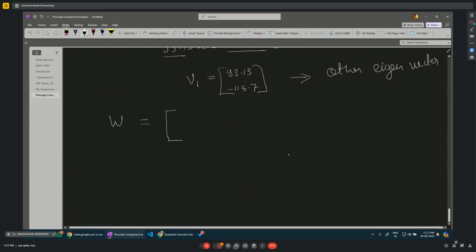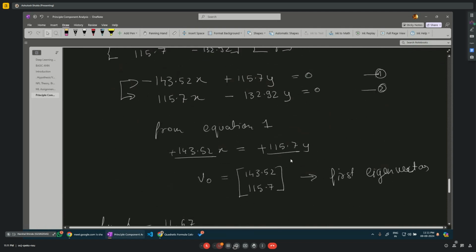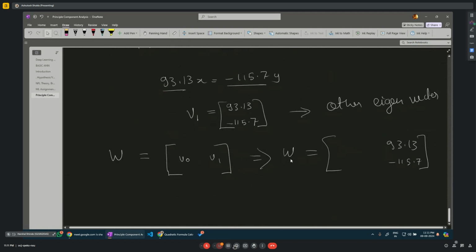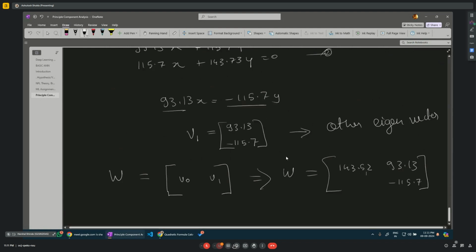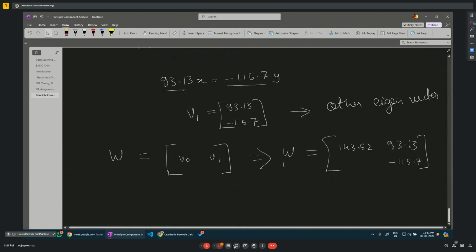It is basically vector 0 on the left hand side and vector 1 on the right hand side, and you will write it like this: W equals 93.13 and minus 115.7 on this side, and on this side the other vector, which is 143.52, 143.52 and 115.7.